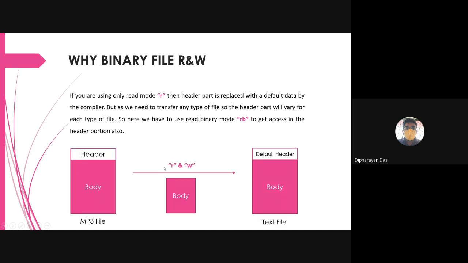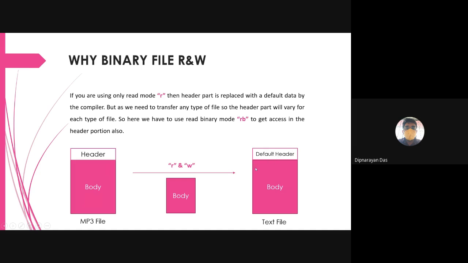If we open the file with only R, the program will just read the content of the body, not the header data. When it writes, on the client side or the server side, it will just write the body part, so the header part is missing.